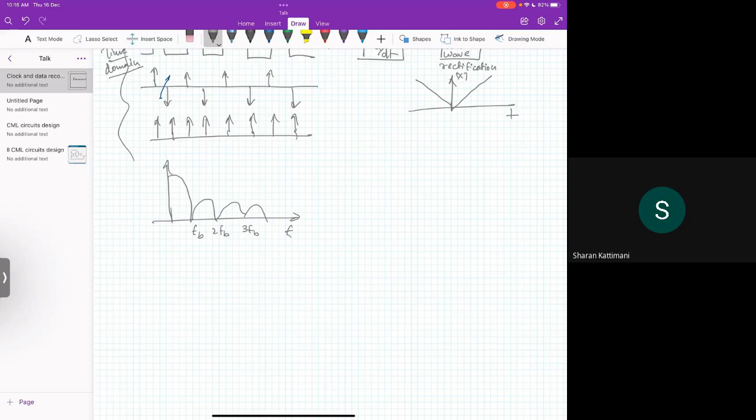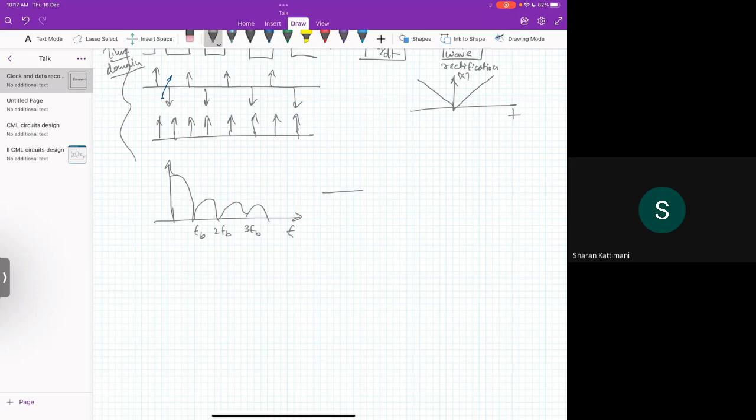Then you can pass it through an edge detector and your rectifier, so you will get spectral information at the edges.